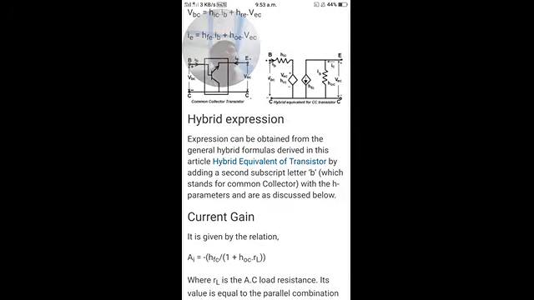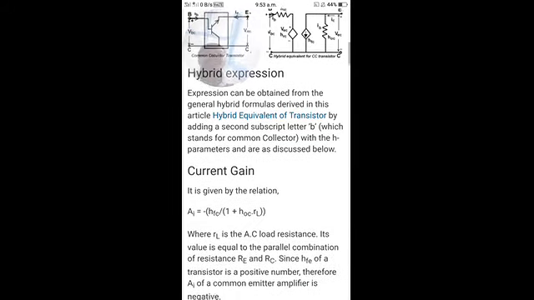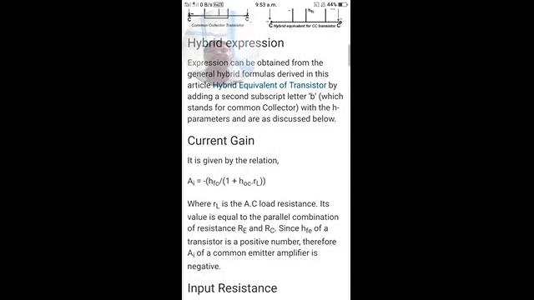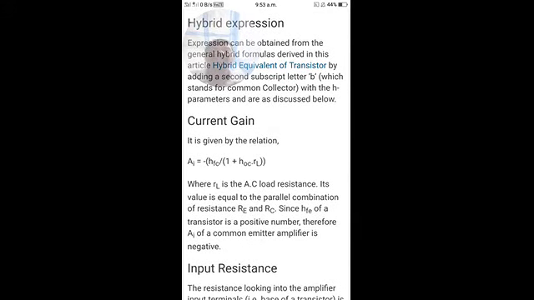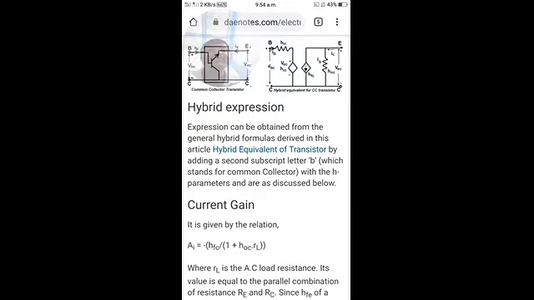So here we can get the same equations, substituting the second subscript according to the configuration, and we can get the equations for current gain of a common collector configuration. AI is minus HFC by 1 plus HOC into RL, where RL is the AC load resistance. It's equal to the parallel combination of resistance RE and RC here.